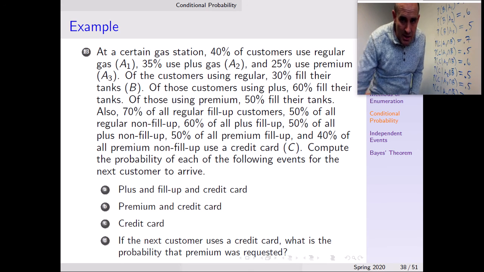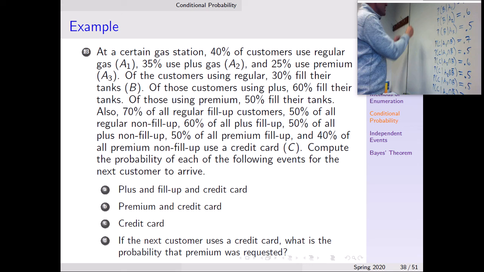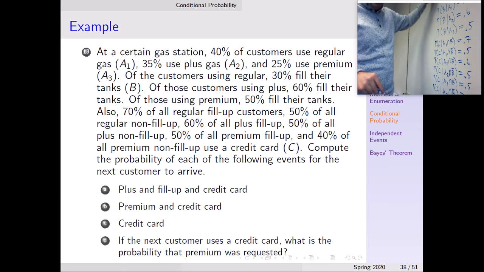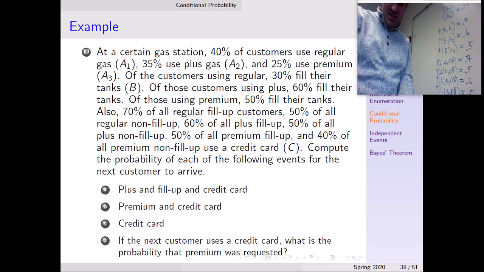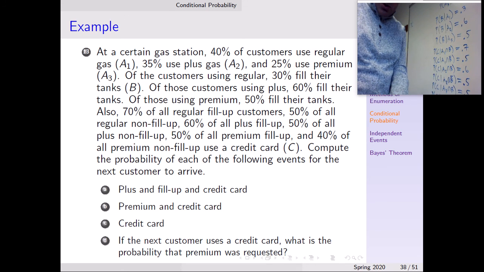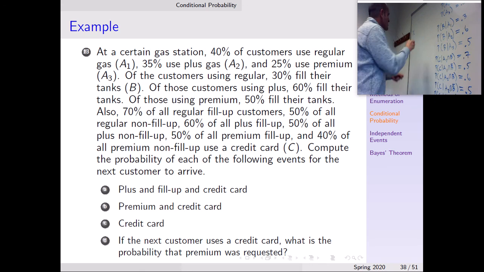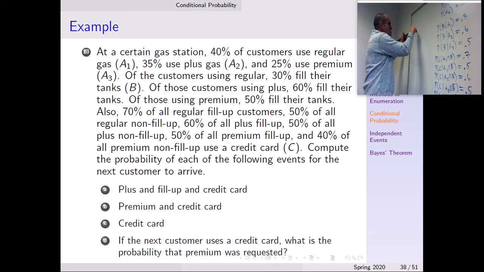Plus is A2, fill up is B, and credit card is C. I can think about this sequentially.